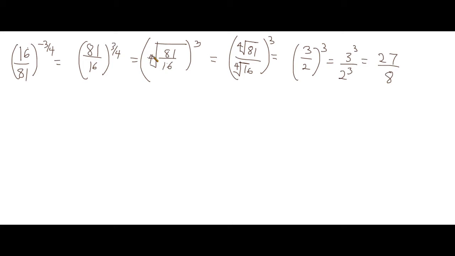But in most cases when you do the root of any even number, maybe 2, 4, 6, you always have two answers, because you can have either a positive or a negative answer. Like here, minus 3 raised to power of 4 will give us 81, and minus 2 raised to power of 4 will give us 16.